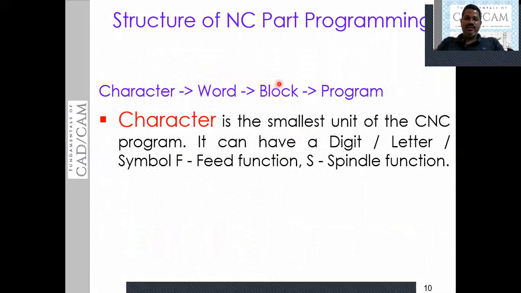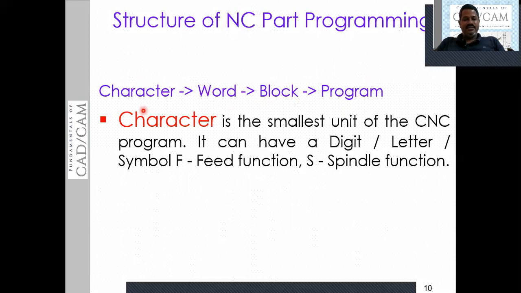Then if we combine a number of blocks, or statements, we get a program. So characters give us words, words give us blocks, blocks give us the program. This is the hierarchy to write a program. Using characters, we write the word. Using words, we write the block. Using blocks, we write the program.